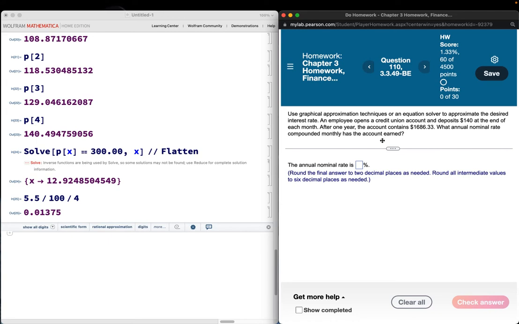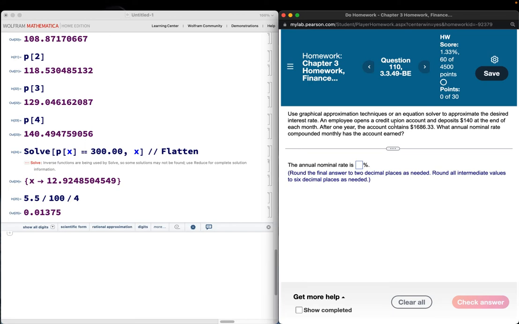This is definitely a fun problem. So use graphical approximation techniques or an equation solver, so we really have to use Mathematica for this problem, to approximate the desired interest rate. Yeah, so this problem is definitely going to be challenging.